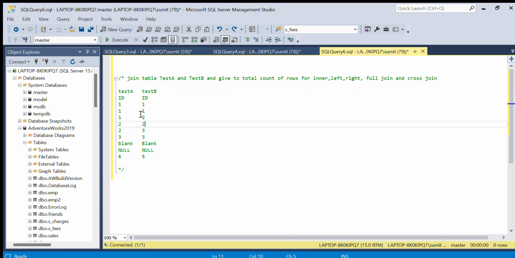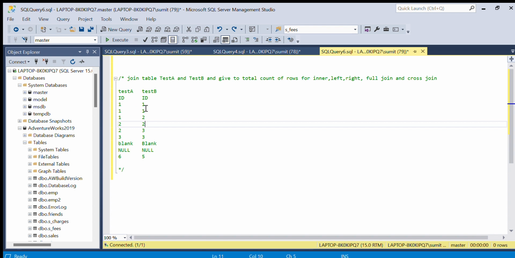If we have a scenario like 1 1 1 from one table and 1 1 from the other table, we just need to count these records. 1 appears 3 times in one table and 2 times in the other, so we just need to multiply, as in a Cartesian product.